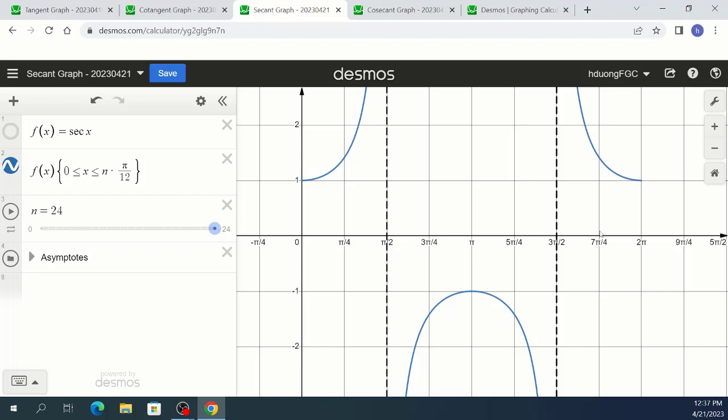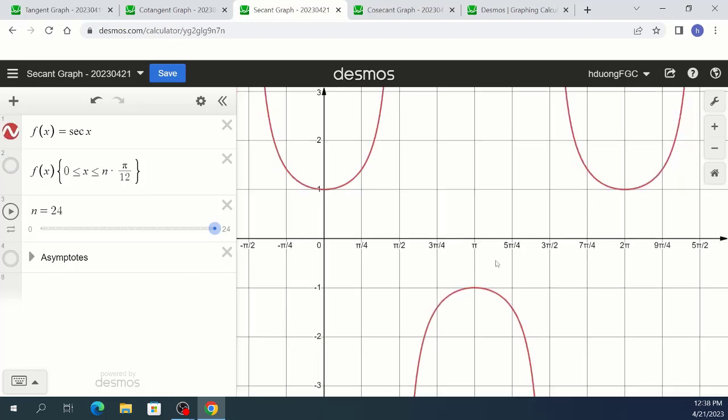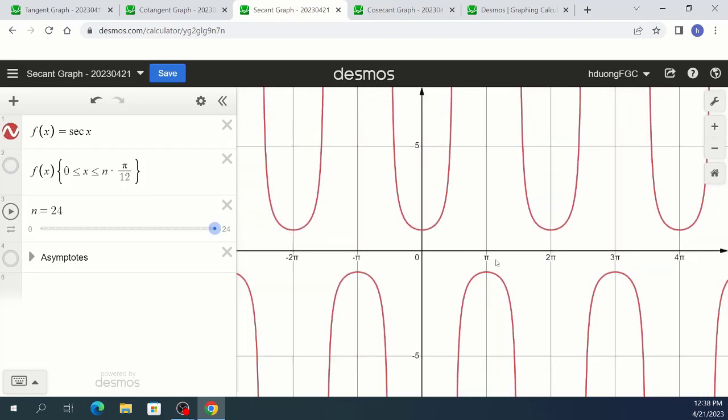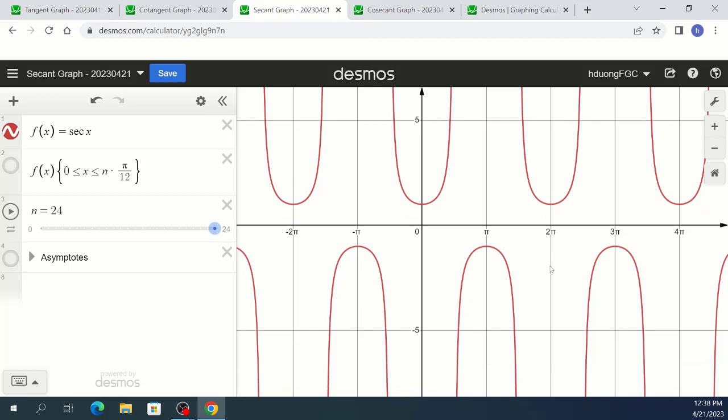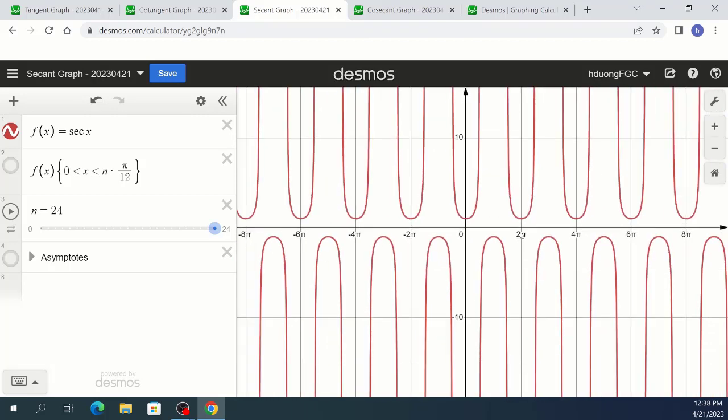And now let me tell you the real truth here. If you're looking at the picture more closely, and I can just disregard the asymptote, the actual complete secant graph looks like this. See, it has all of that. After we repeat infinitely many of those basic units, it forms a shape like this. Now when I zoom it out far enough, you can see that no matter how far we go, there's always that empty space.